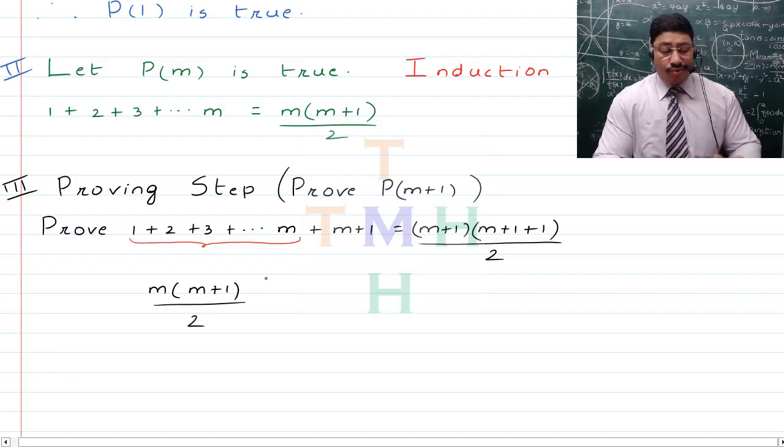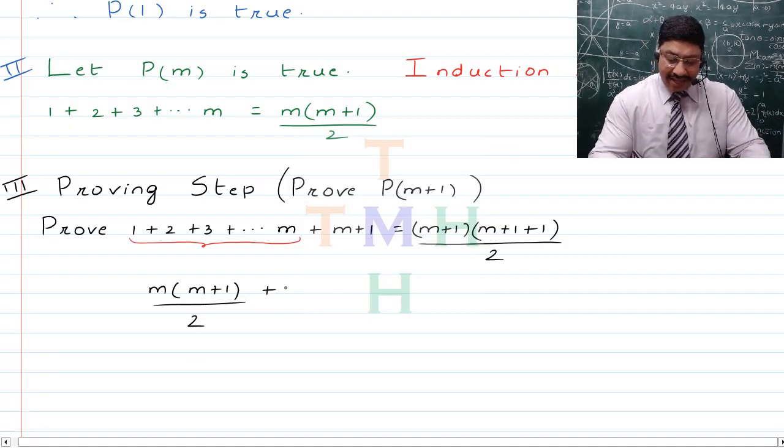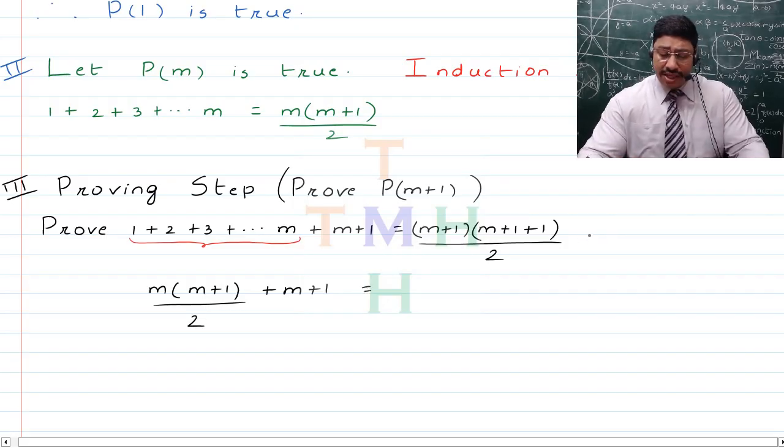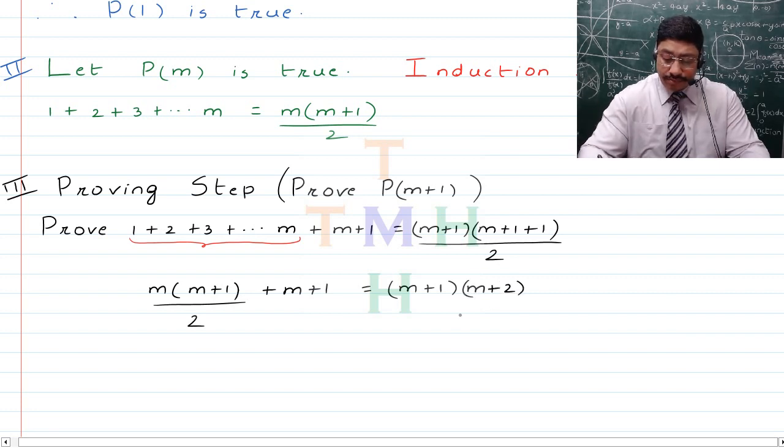That is the value of the left hand side, which is the statement that we've already considered to be true. Now to this is added m plus 1, right? And on the right hand side, as we are keeping in place of n, m, we have replaced m with m plus 1 wherever it was. So obviously the right hand side becomes equal to m plus 1 multiplied by m plus 1 plus 1, that is m plus 2, and it is divided by 2.